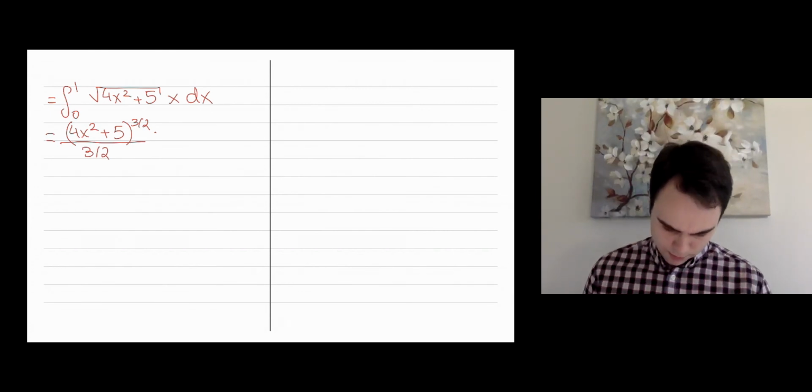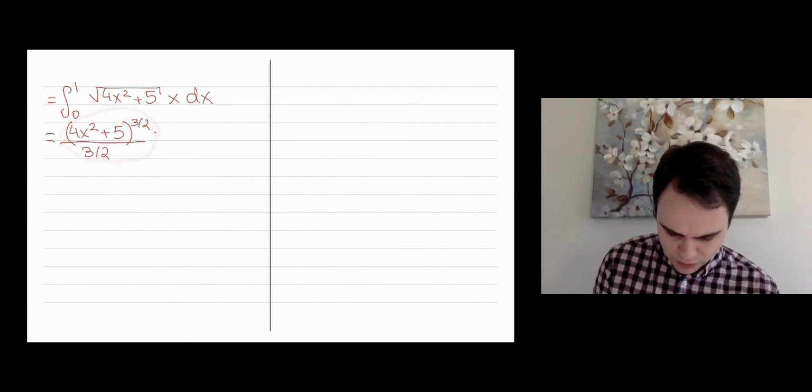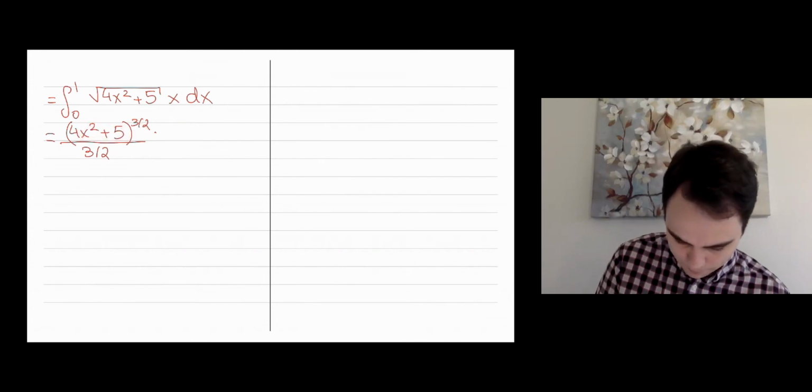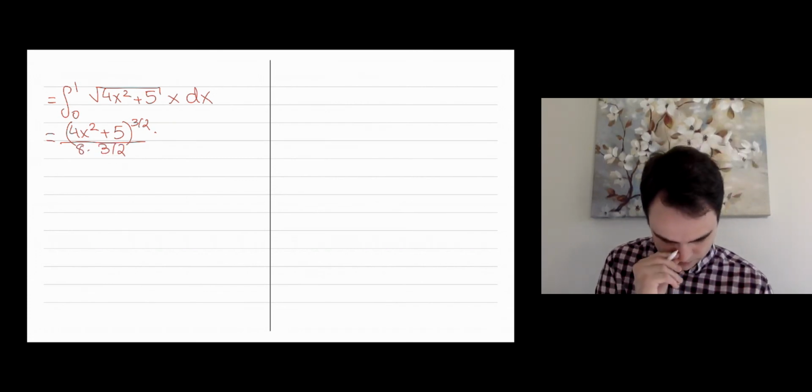Next, when I differentiate this, I want to put a constant to make sure I get the original thing. When I differentiate this, I get the square root times the derivative of what's inside here. That derivative is 8x. Originally, I had a single x, so I'm going to divide by 8. The way I'm going to divide by 8 is just multiply the denominator by 8.